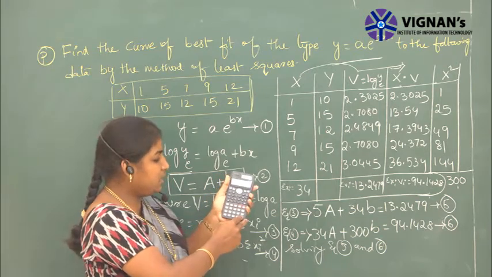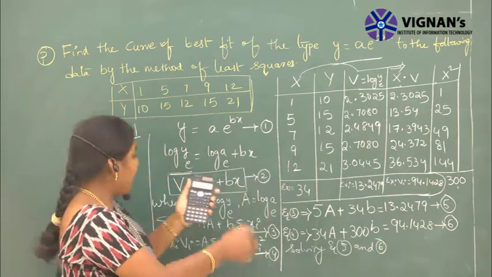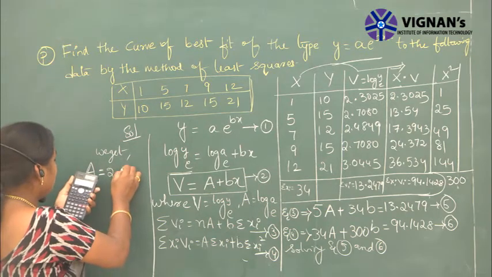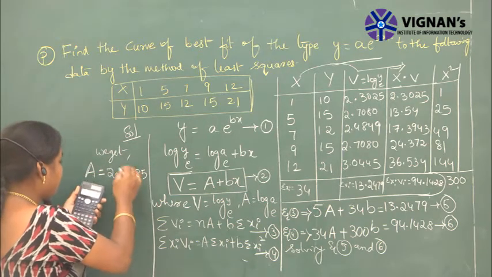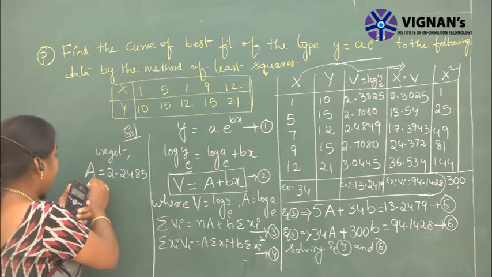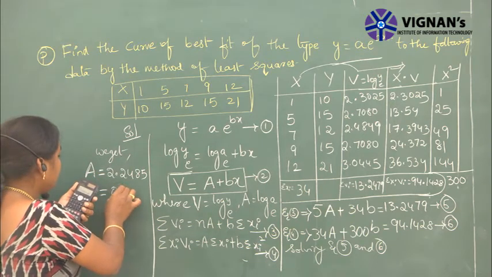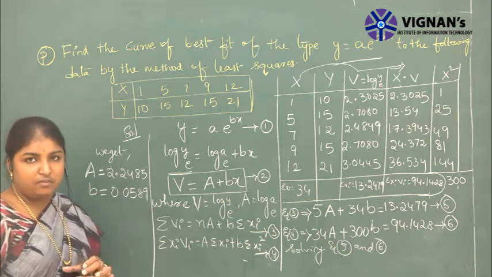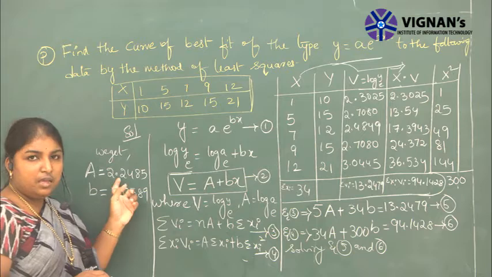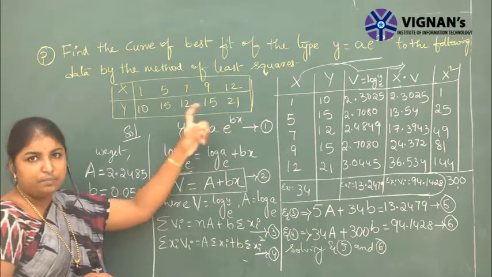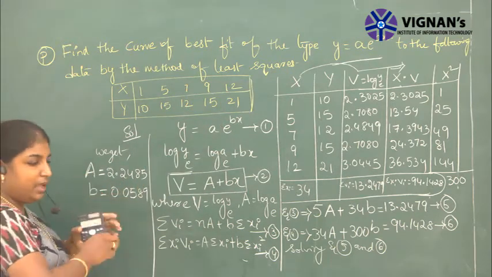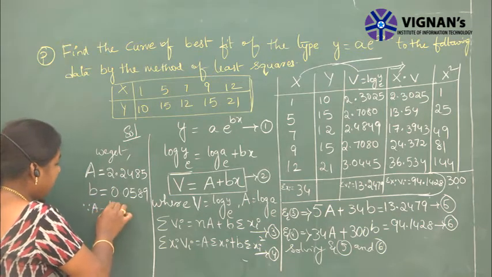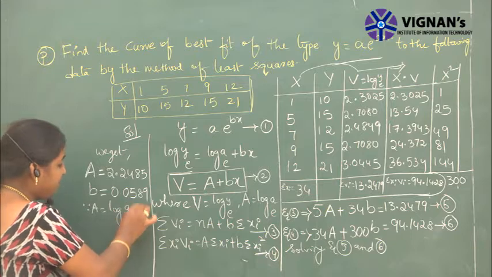94.1428. Press equal to, we get capital A is equal to 2.2485. And again press equal to, we get B is equal to 0.0589. So after getting capital A and B, here we want small a and small b. But we have here capital A, since we know that capital A is equal to log small a base e.